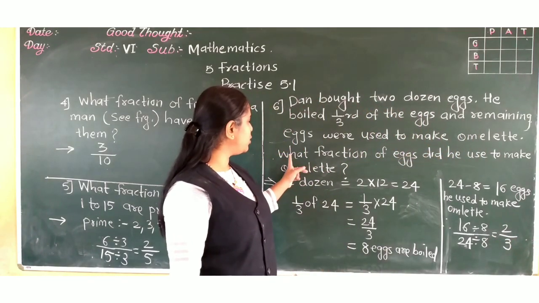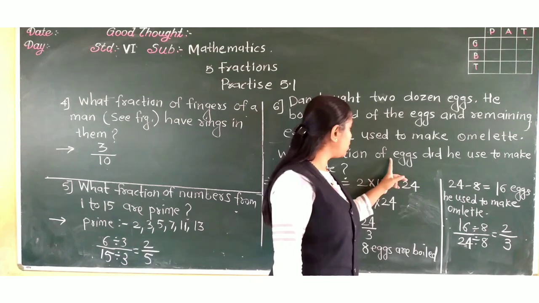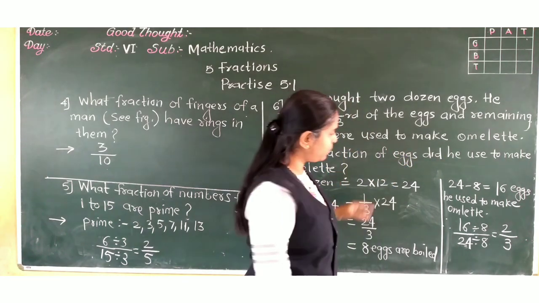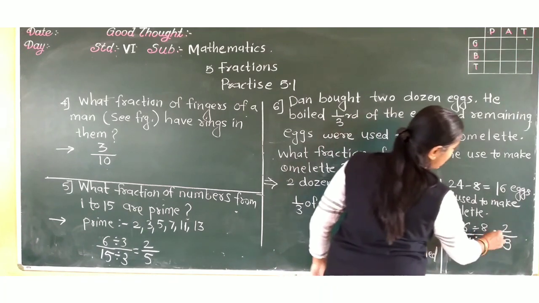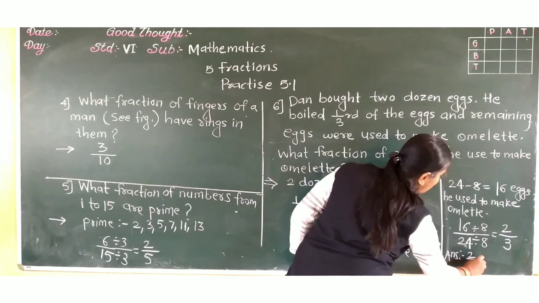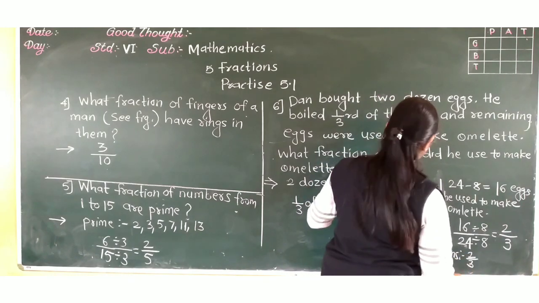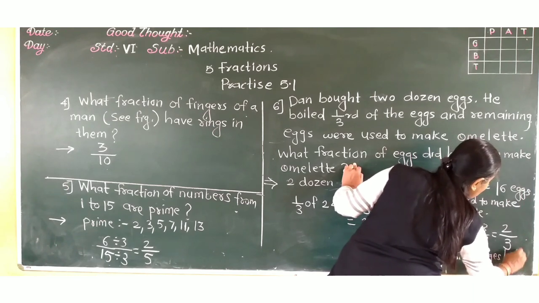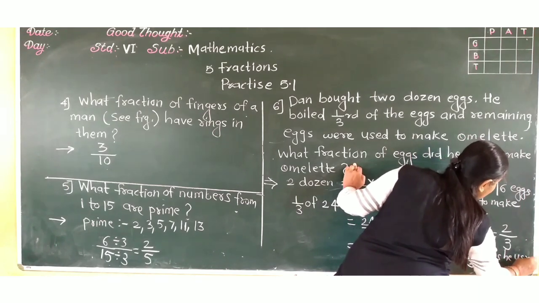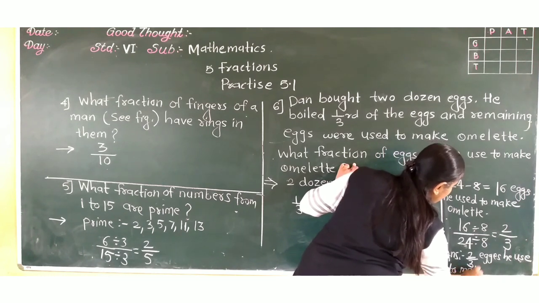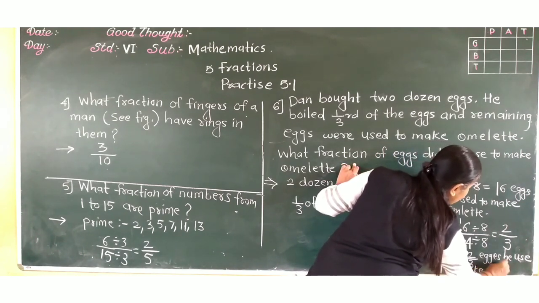So what fraction he used? 2 upon 3 of eggs he used to make omelette. Okay? This is the answer.